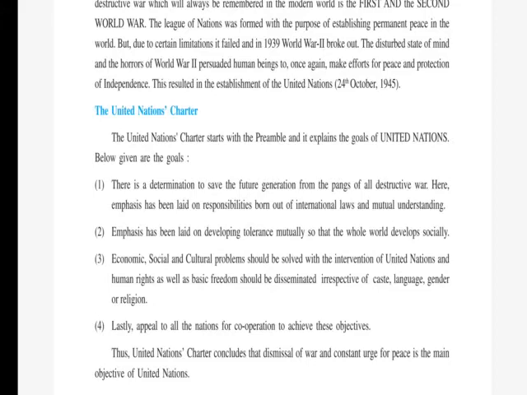that it states the determination to save future generations from the pangs of destructive war, emphasizes international cooperation, cooperation of all countries to promote socio-economic progress.